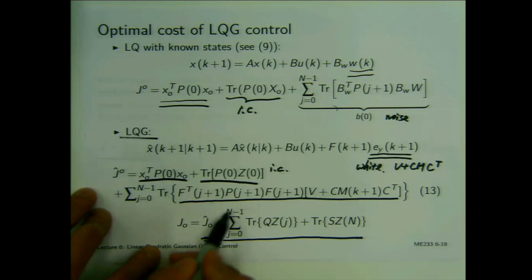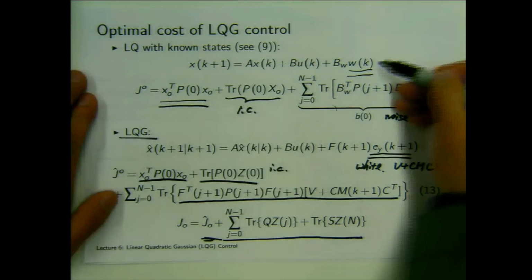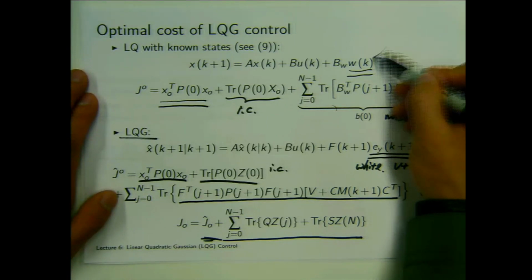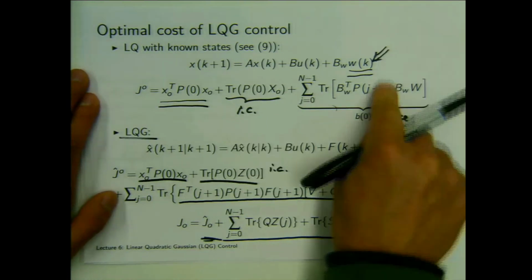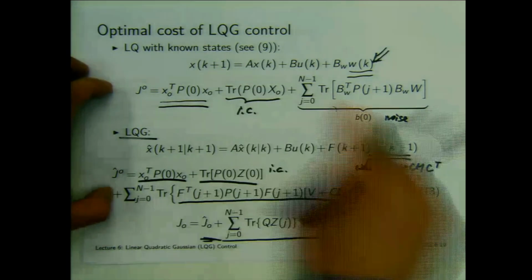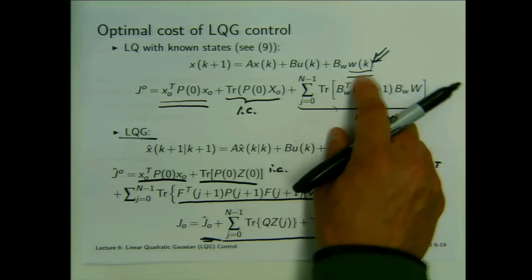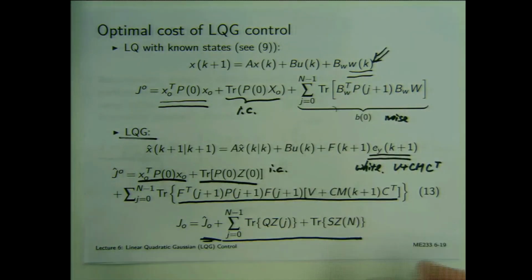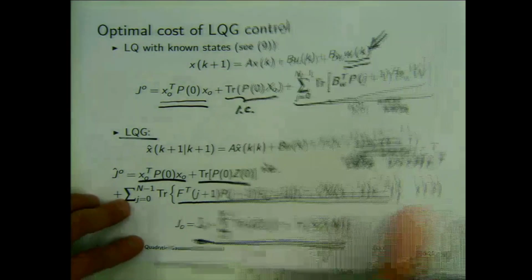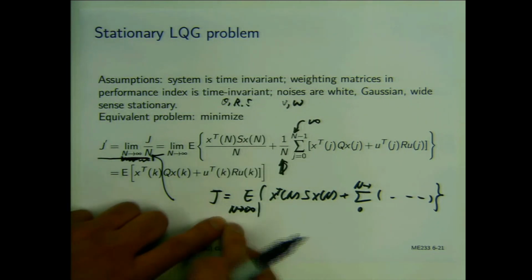If we take this number N to be infinity, these will be summed up to infinity. The reason is that the system has these noise terms, and this noise will accumulate in the states. When we take the expectation, we will get the stochastic properties, second moment to be more exact, of these noise terms. If we don't take any actions, this cost will go to infinity for N to be infinity.